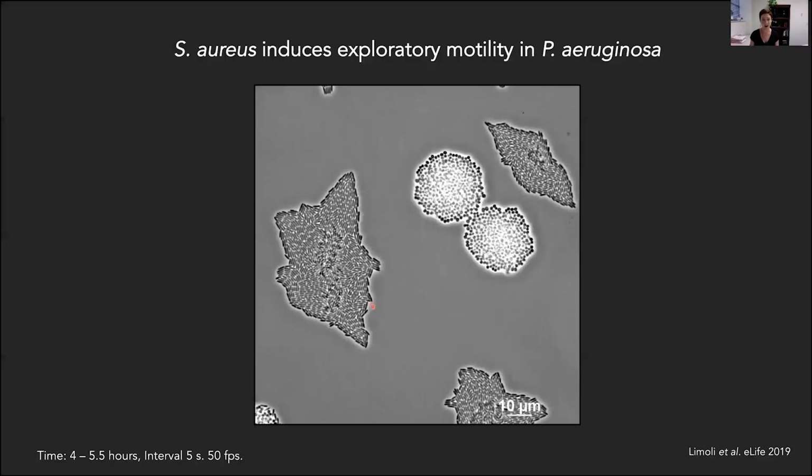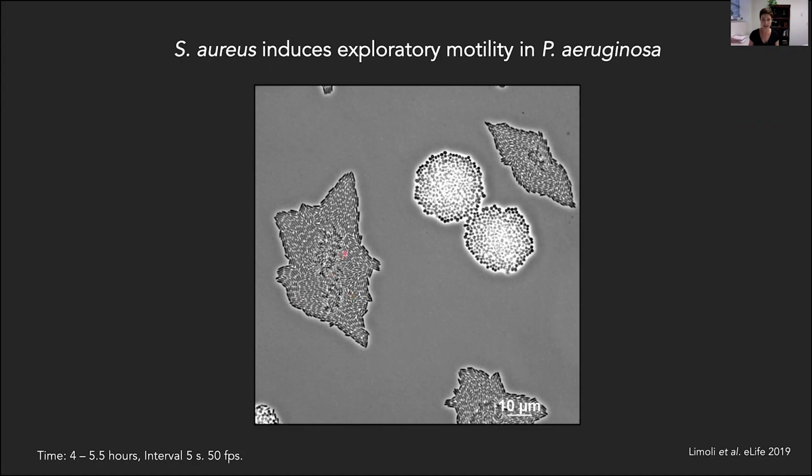And so we then wanted to ask, could we image Pseudomonas and staph coming together and forming microcolonies on the surface? So we added staph to this imaging, and here's a staph microcolony forming, and Pseudomonas, about 4 hours into this co-infection.